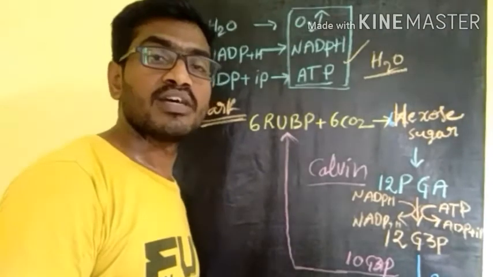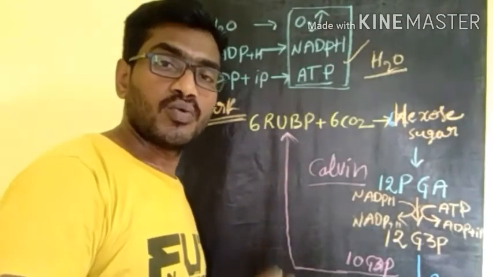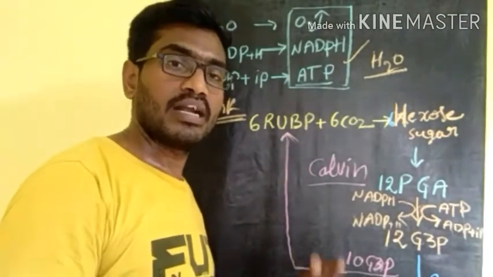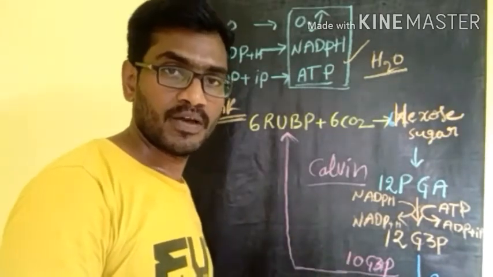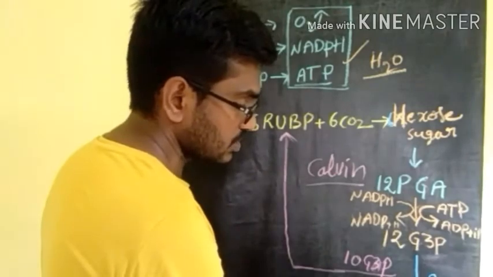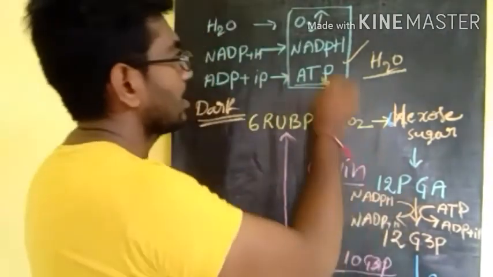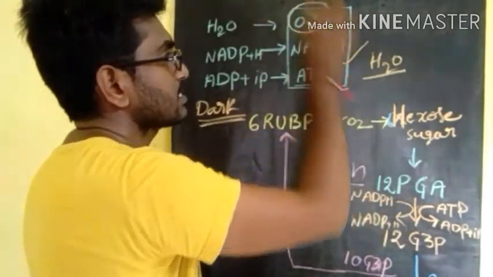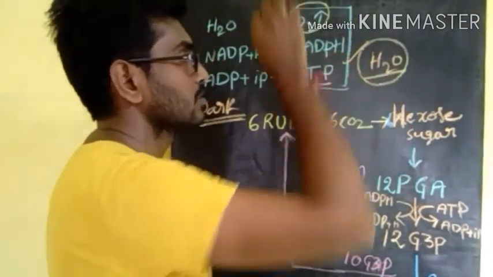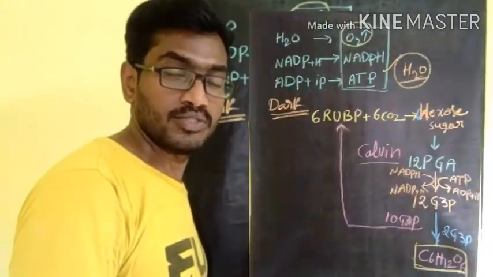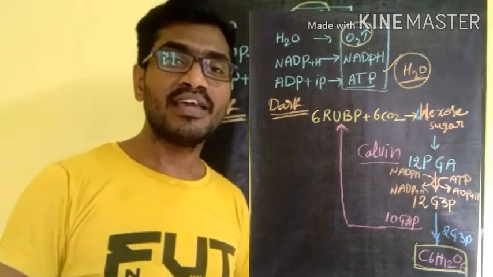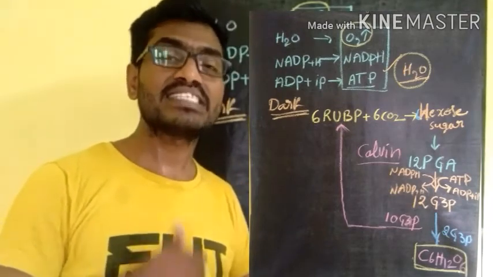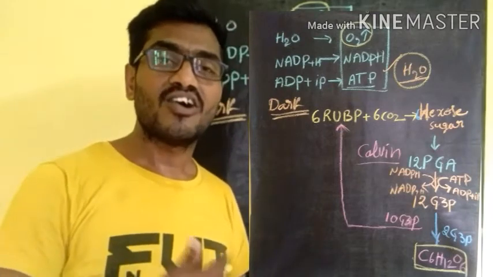Later this glucose converts to a water insoluble form called starch and is stored in the form of starch. So in photosynthesis food forms, oxygen is released, and water also forms.